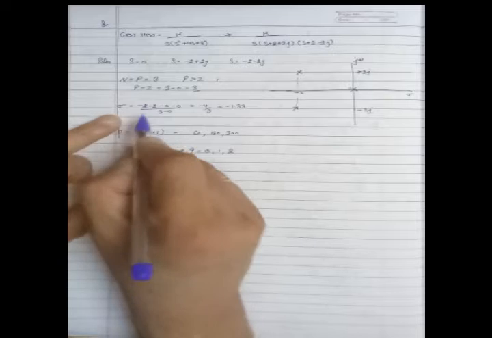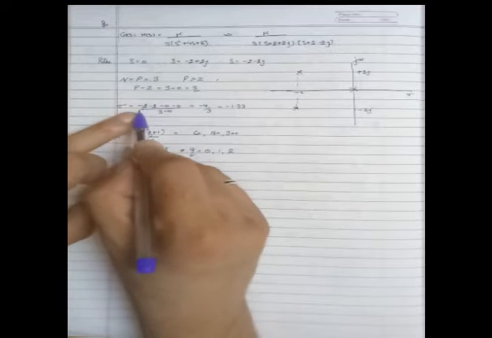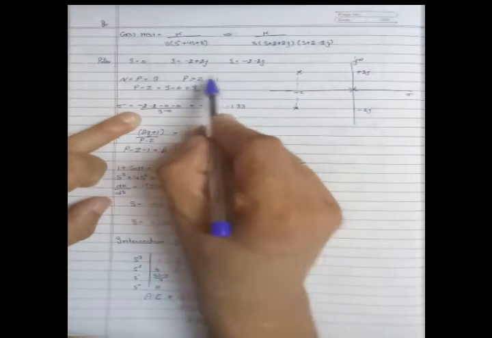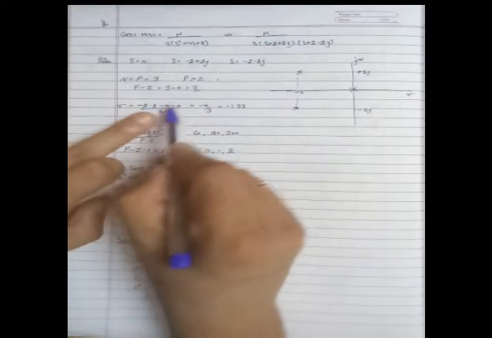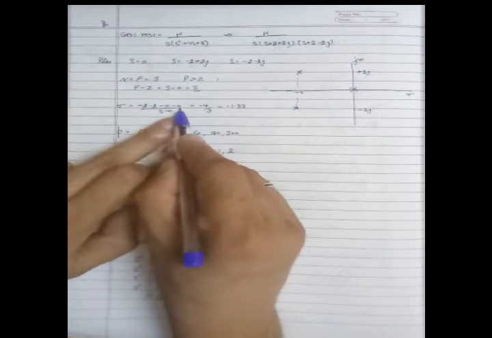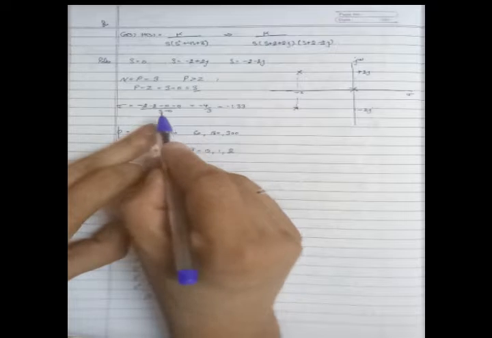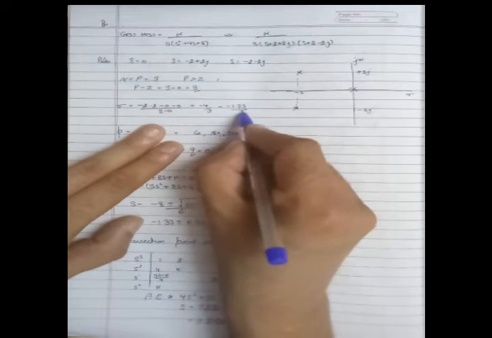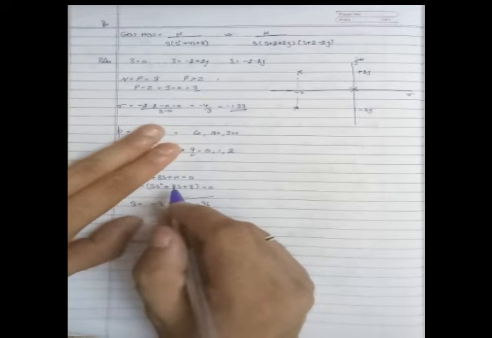Now centroid: real part of poles, minus 2, minus 2, minus 0, there is no zero, so minus 0, upon 3 minus 0, is minus 4 by 3, which is equal to minus 1.33.